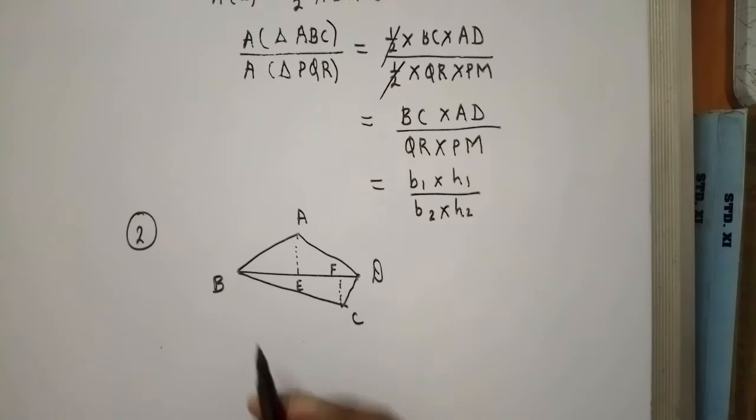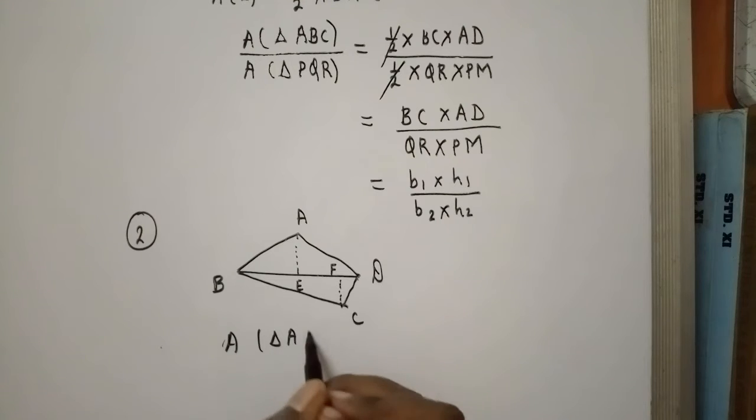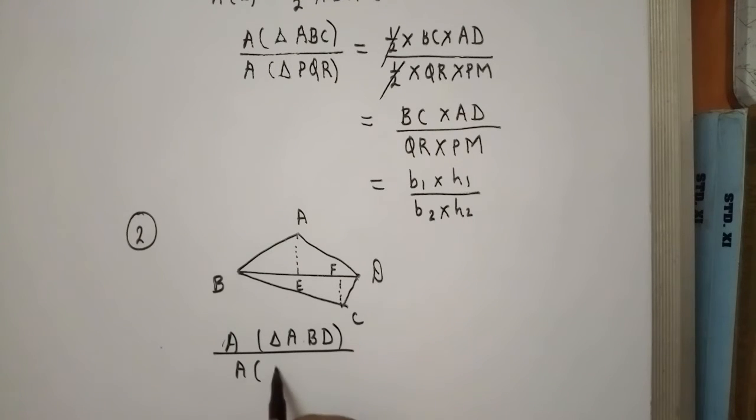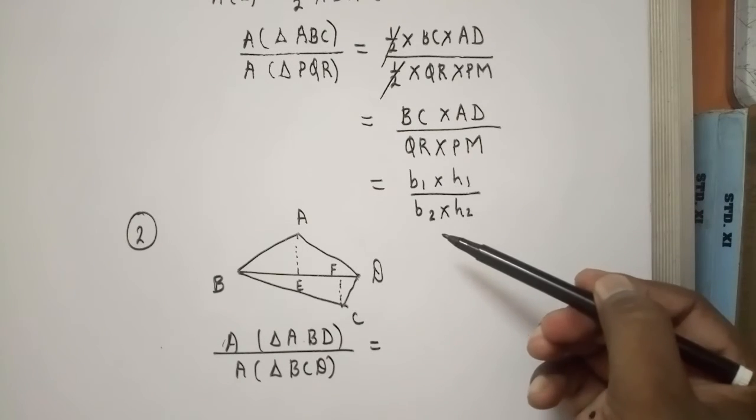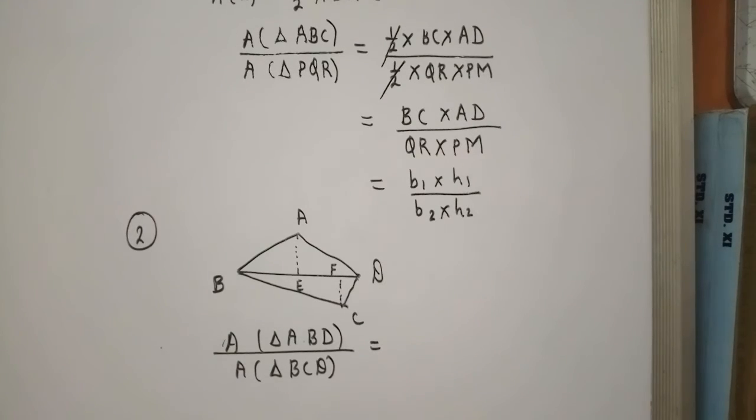Now if we compare areas of ABD and BCD, let's see what we are going to get. Area of triangle ABD upon area of triangle BCD. Already we know that half is going to get cancelled, so we write base 1 into height 1.